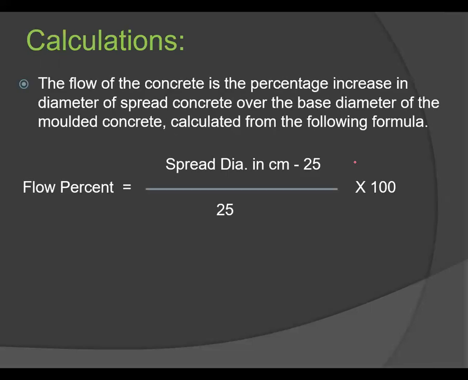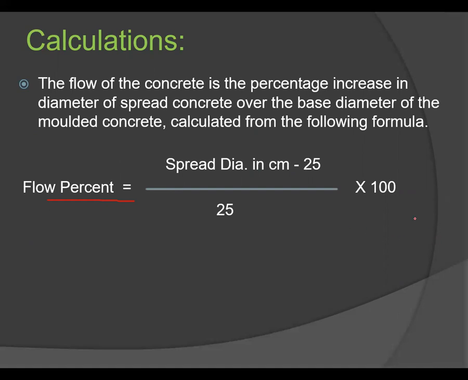The flow of the concrete is the percentage increase in diameter of the spread concrete over the base diameter of the molded concrete, and we calculate the flow percentage with the following formula. Flow percentage is equal to spread diameter in centimeter minus 25, divided by 25, multiplied by 100.